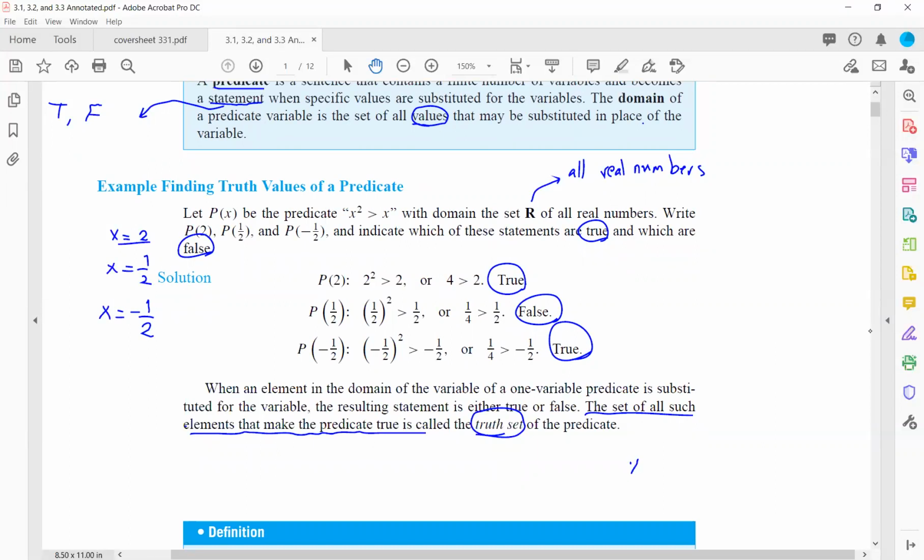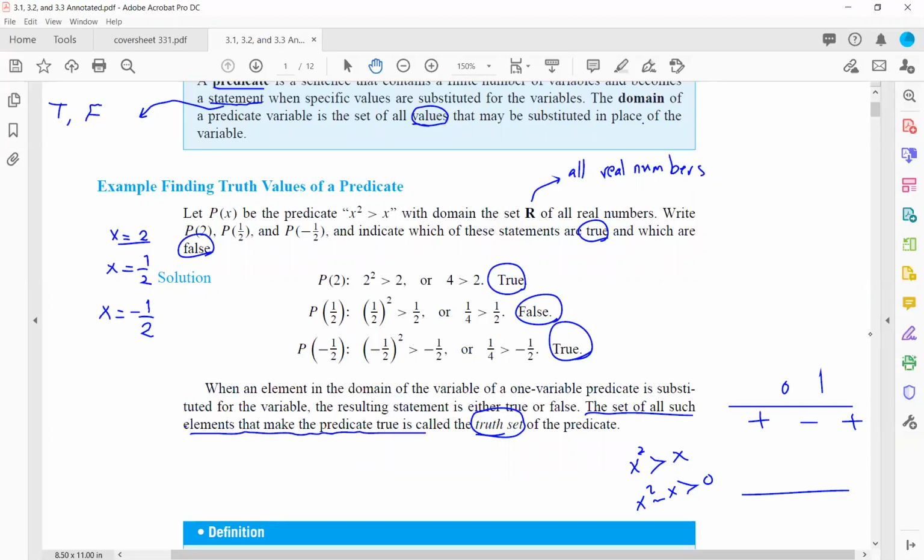What is x squared greater than x? If you get back to algebra, x squared greater than x, or x squared minus x greater than 0. If you use your little table, 0 and 1. If you plug in any number greater than 1, like 2, it's positive. If you plug in any number less than 0, like -2, it's also positive. Any number in between, like a half, gives you a negative sign.